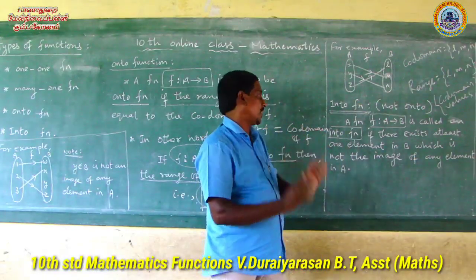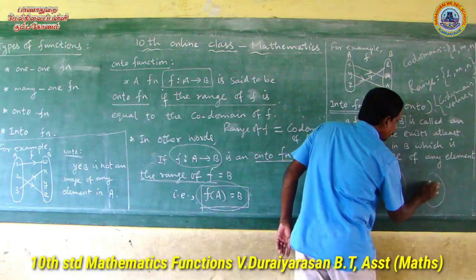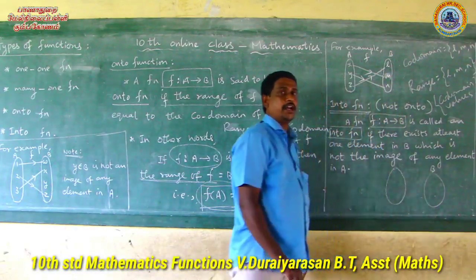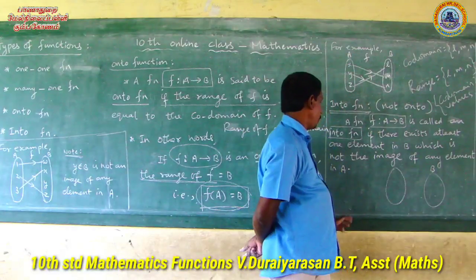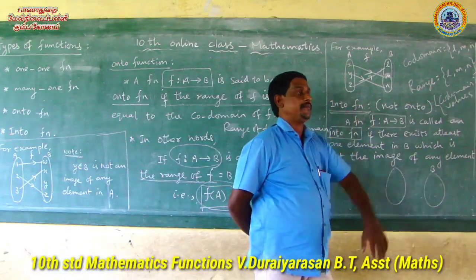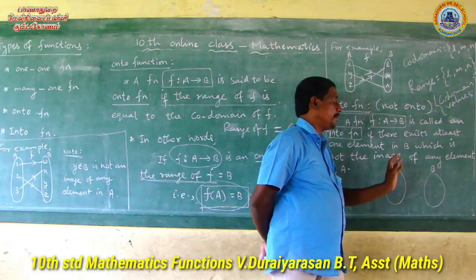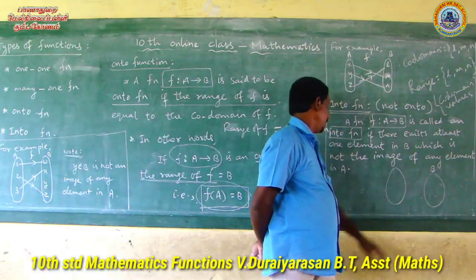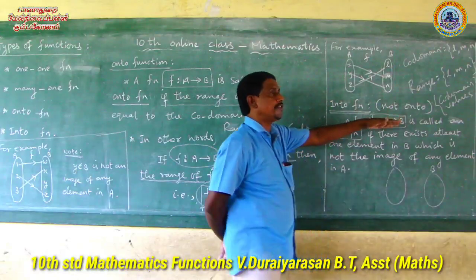What is the meaning, sir? If any element of the codomain is not the image of any element in A, that is not an onto function.